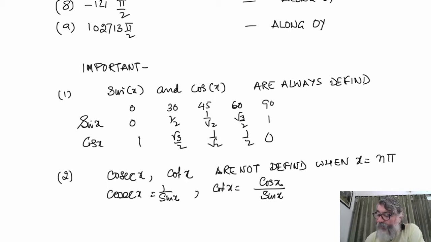Similarly, cot x is cos x upon sine x. If I put sine 0, then cos 0 is 1, and 1 upon 0 will be again not defined.